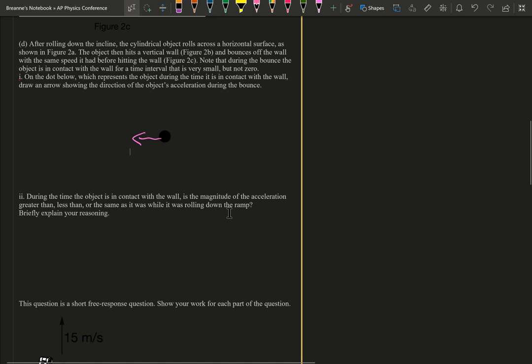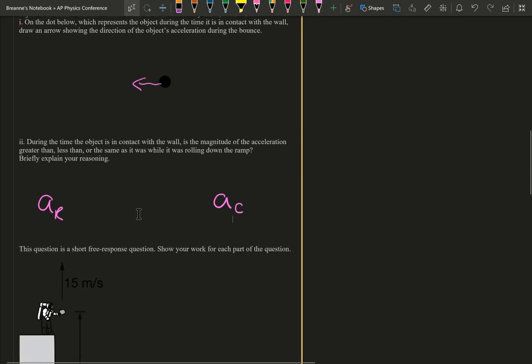Basically, it's asking, is the acceleration on the ramp the same, equal, or greater than the acceleration after the collision? Now we know that acceleration equals our change in velocity over time.